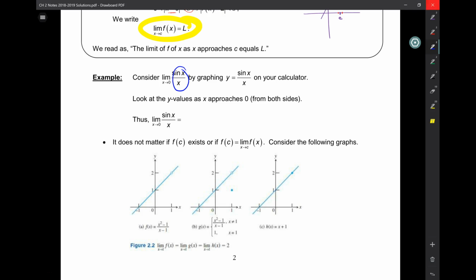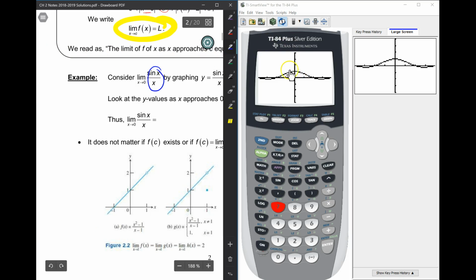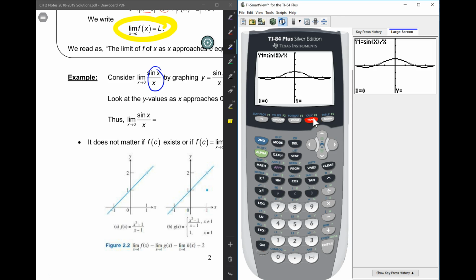Well, when we graph, we see that as x approaches 0, how much is the value of this function? 1, right? So look, if I trace, at x equals 0, there is no y value because at x equals 0, is this function defined? No. It's undefined.